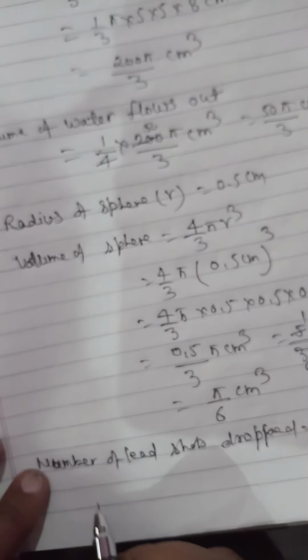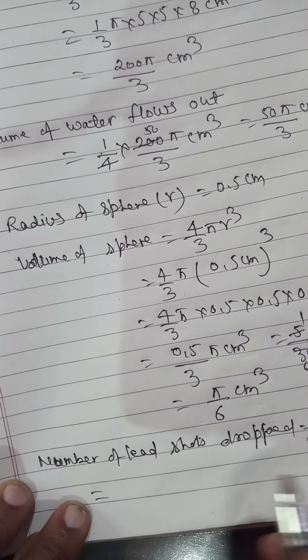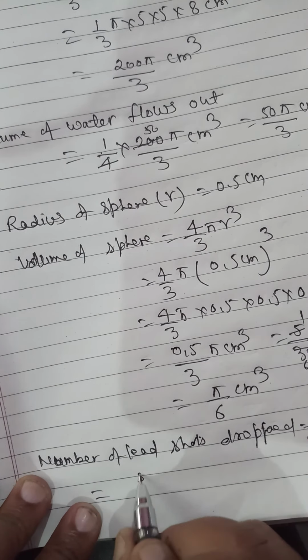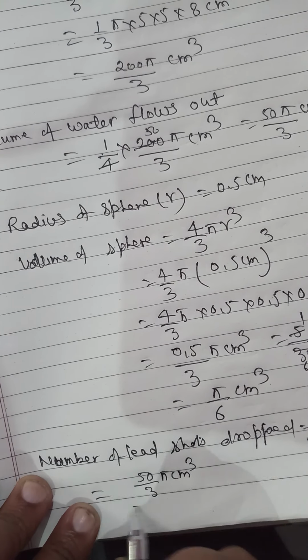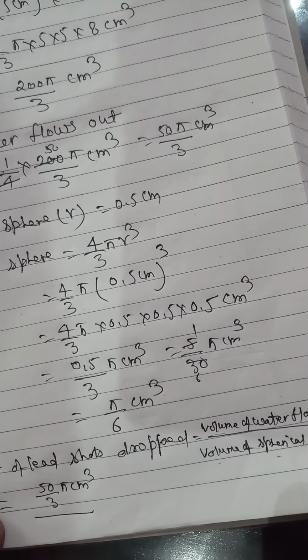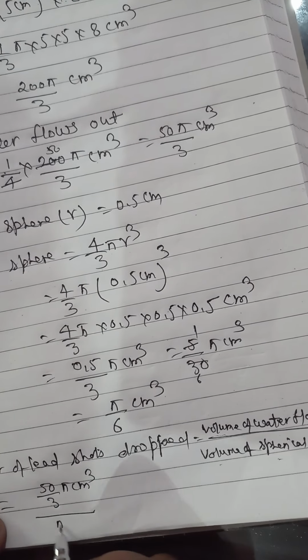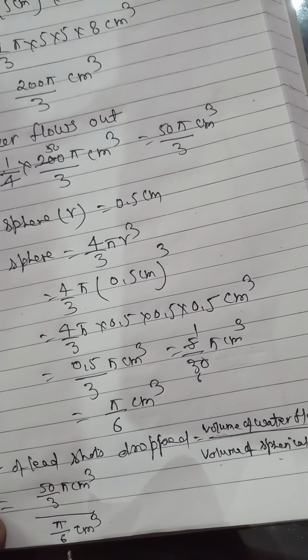Now substitute the values. The volume of water flows out is 50 pi upon 3 cubic centimeter, upon the volume of spherical shoot, which is pi upon 6 cubic centimeter.